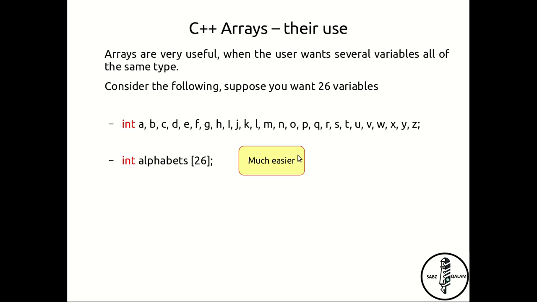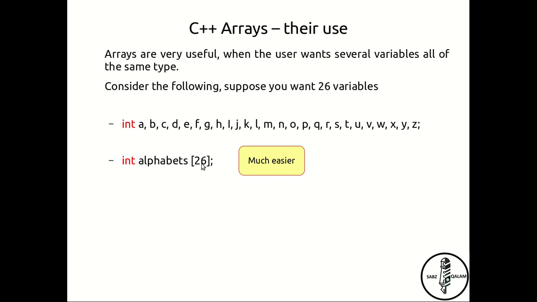A much easier way is in fact to use an array. Just use the name alphabets. It'll have 26 elements in there. The element at index 0, alphabet 0, is a, whereas z lies at alphabet 25.